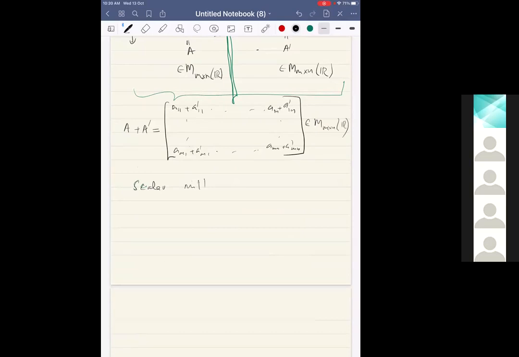Scalar multiplication. If I take a matrix A with entries A11 through AM1, AMN, and take a scalar lambda times this matrix, each entry gets multiplied by lambda.